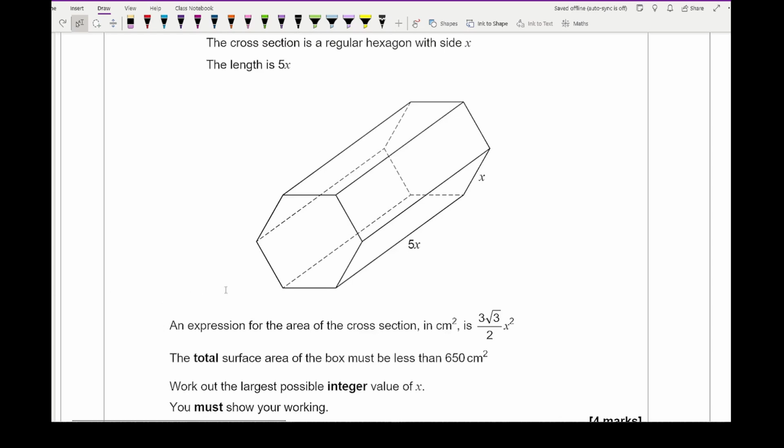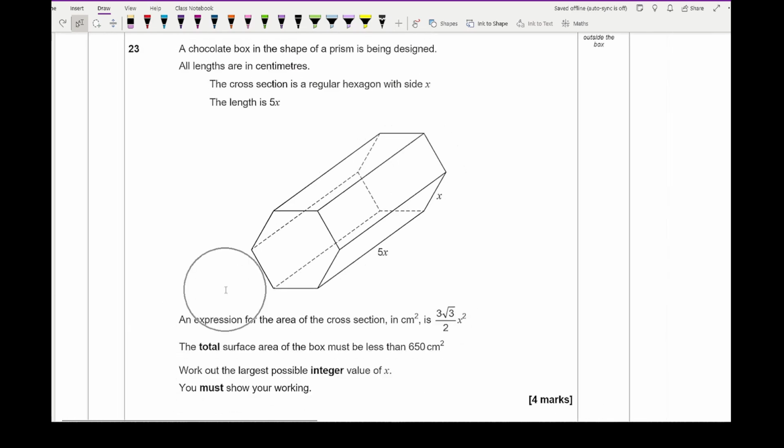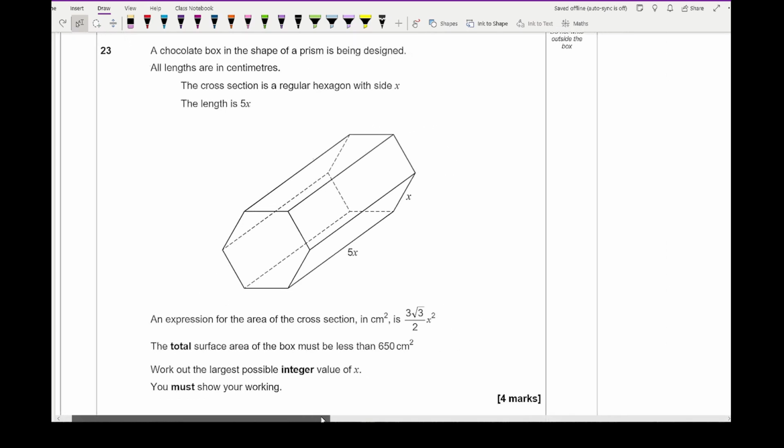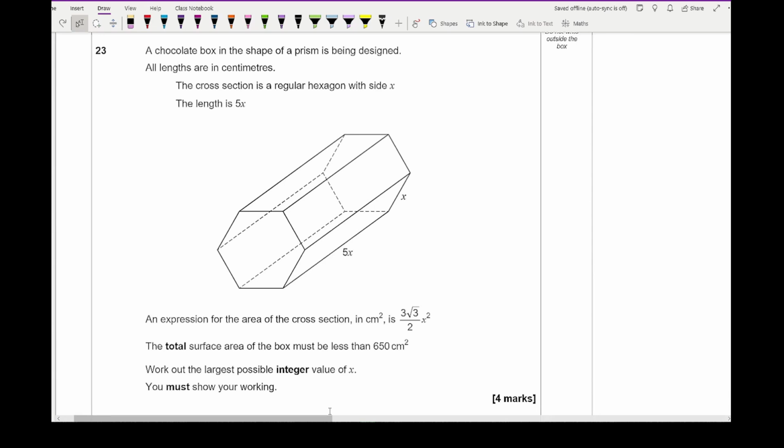Now before we get started on this particular question, let me just zoom out so we can see the question in its entirety. And let me just scroll a little bit across so we've got a bit more room. Now to work out the total surface area, it's the area of all of the faces, in which I'm going to have two hexagons and I've got 6 rectangles.